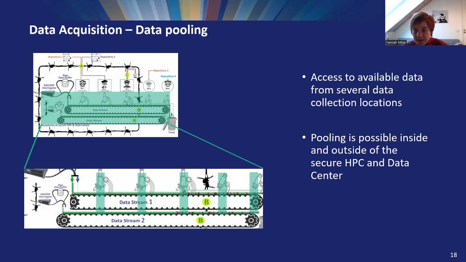You can merge the data streams inside the secure data center, which can be necessary for matters of national security and can only be done if both interrogators are in the same country. Most likely, again, it all depends. And you can also merge the data streams outside of the secure data center, that can give useful information on the big global pictures like earthquakes or ocean streams. So this is very interesting for researchers.